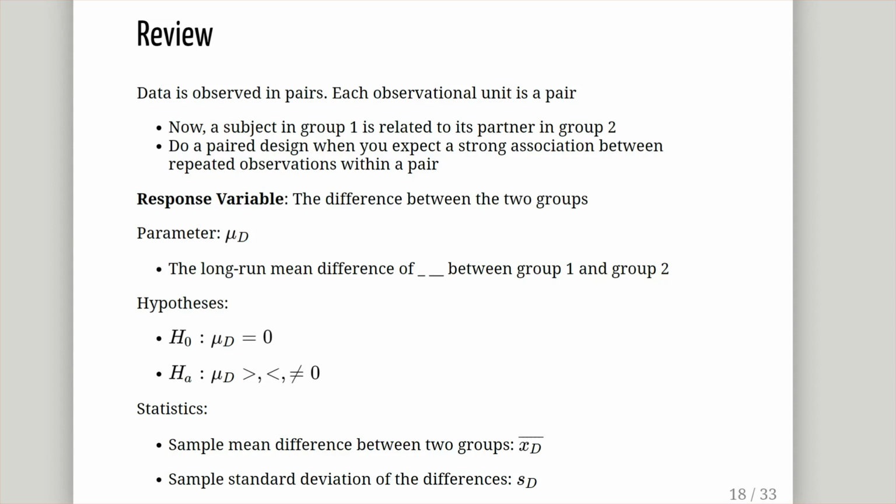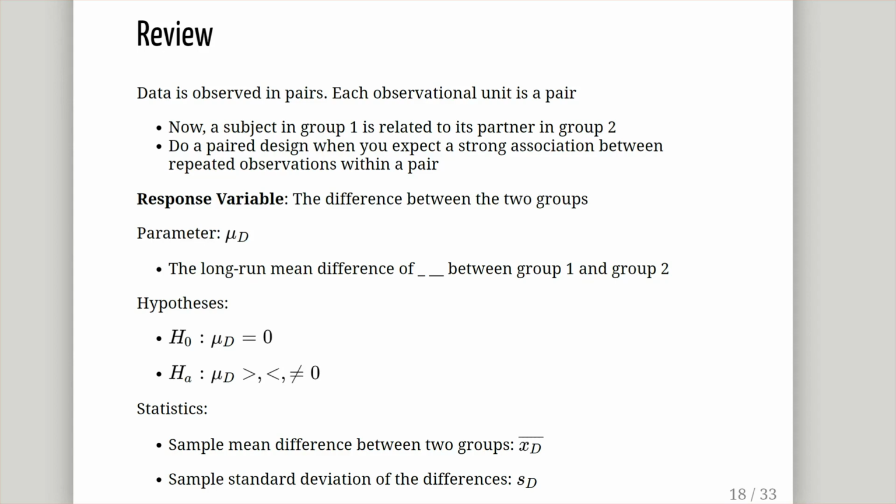The response variable in paired design is a difference between two groups. This difference can be positive and negative. The parameter for this response quantitative variable is mu, that fancy u with a little d underneath it.